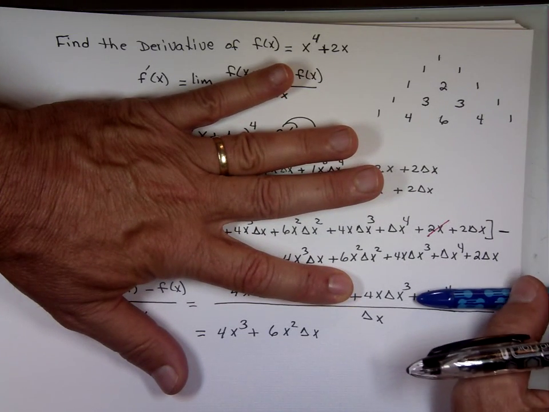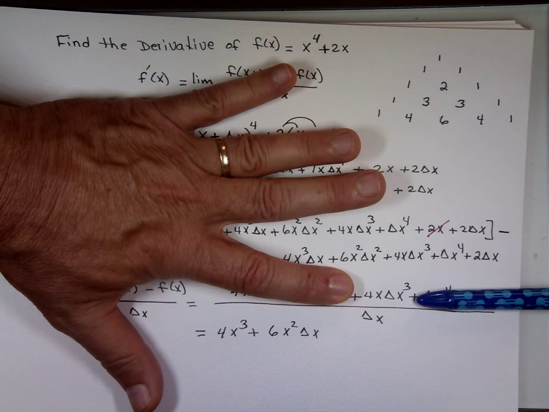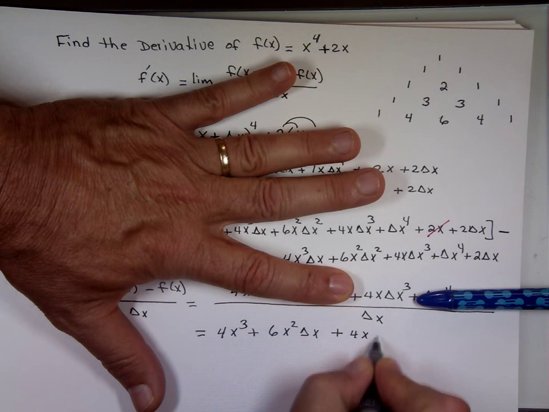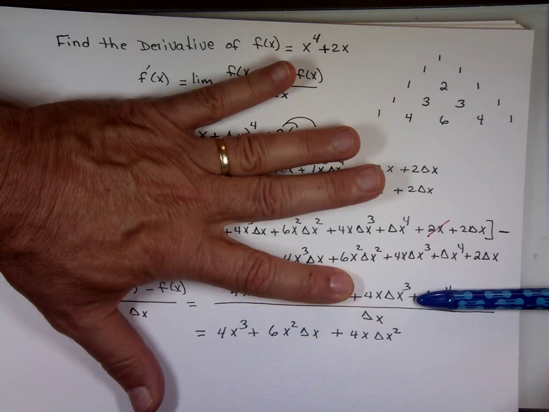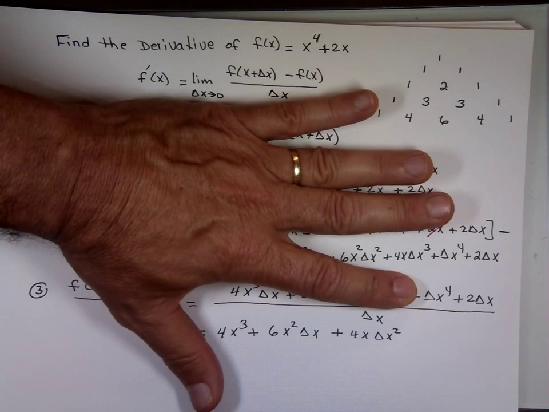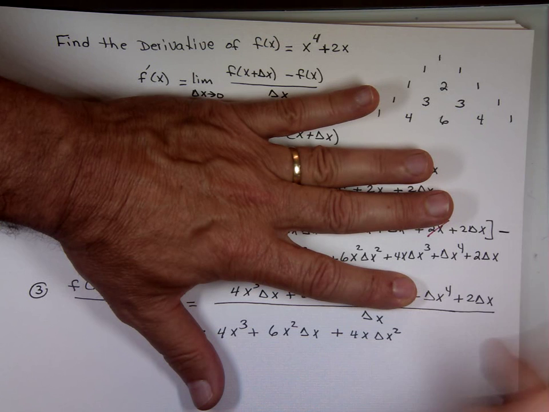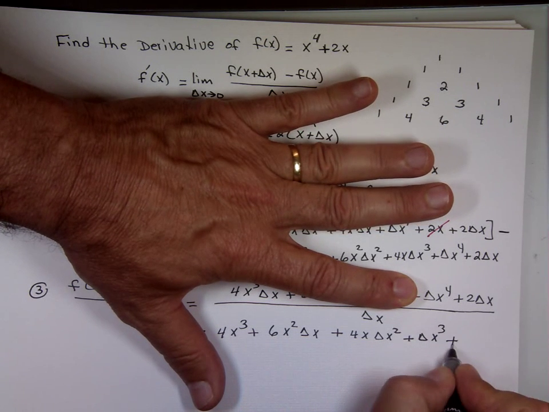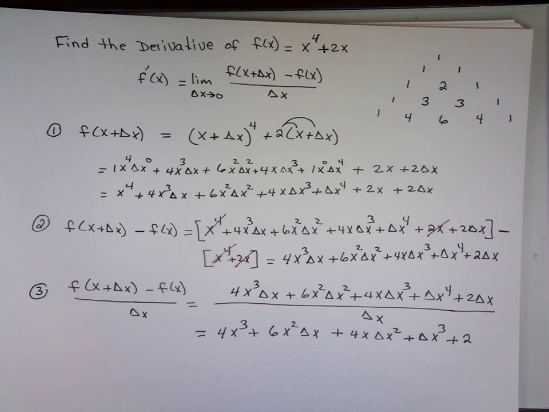What do you have left? 4x delta x squared. The next one, you'll have what? Delta x cubed. And the last one is going to be what? 2. I'm dividing every one of them by delta x.